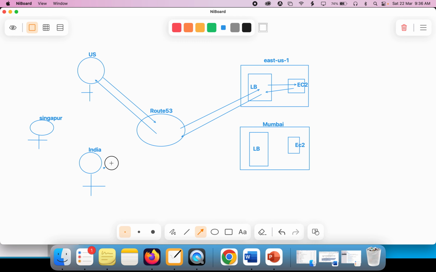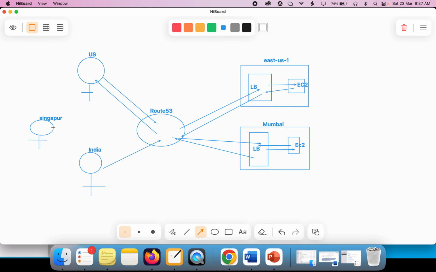In the same way, if somebody is accessing from India, the user will reach Route 53. Route 53 will calculate the latency, and of course you have a Mumbai region which is very close by, so it routes the traffic to the Mumbai region and the EC2, and the EC2 gives the response back. So it works like this. Now what happens to Singapore?